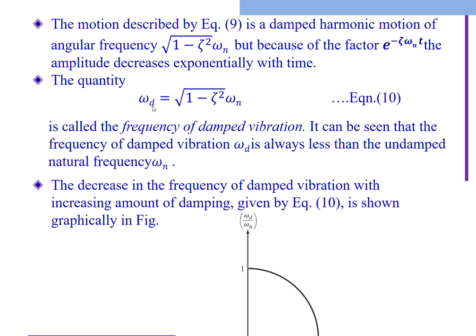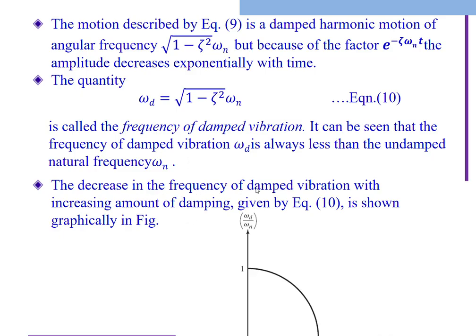We can say omega d is nothing but the frequency of damped vibration. It can be seen that the frequency of damped vibration omega d is always less than the undamped natural frequency omega n. The frequency of damped vibration is less than the natural frequency of the wave.